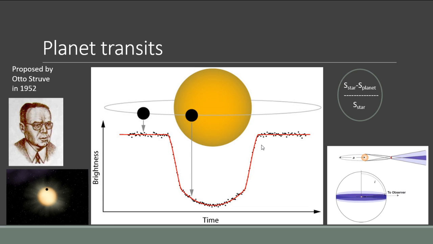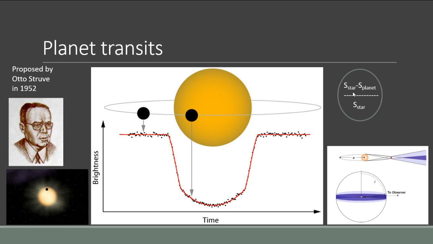So that's it. The point is that planets are much smaller than stars. If we compare, for example, the size of the Earth and the size of the Sun, then the Earth is roughly 100 times smaller than the Sun. But here we have to compare not sizes, but areas, and area is radius squared.